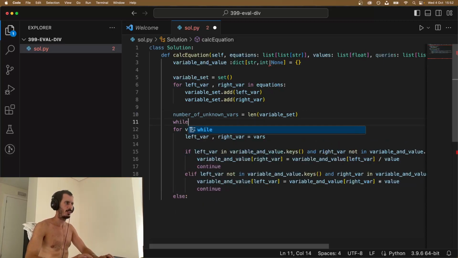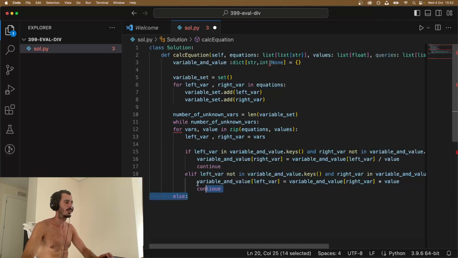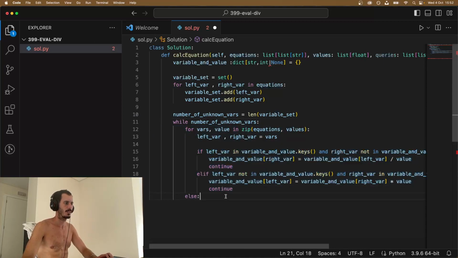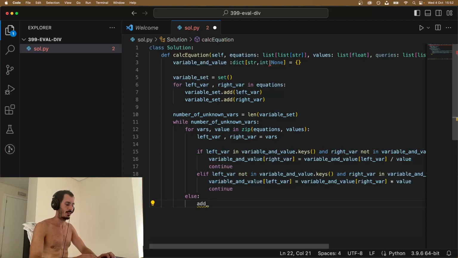So while we have a number of unknown vars, we can do this, and if all of them are unknown and we can't add anything else, we can say add arbitrary value equals true.